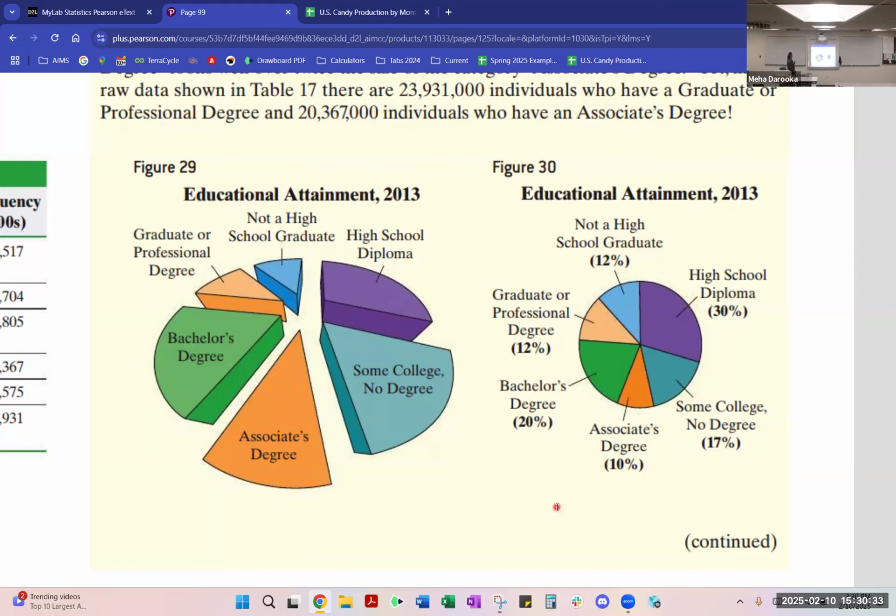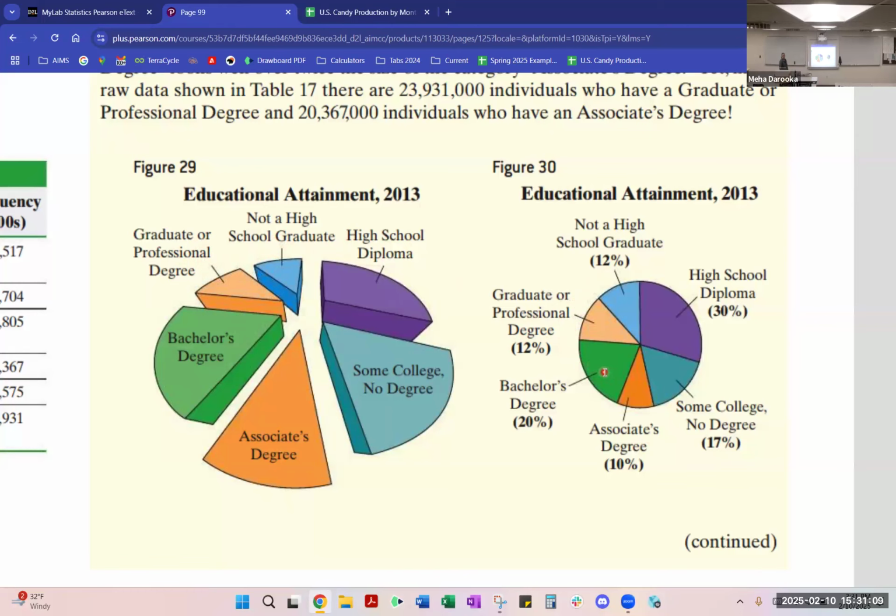Now looking at not a high school graduate in the 3D graph, which is this little wedge over here, and then a person who graduated or got a professional degree, do those two slices look the same in area? No, doesn't the orange one look a little bit bigger than the blue one? But then look at the percentage here. They're both 12%. But those wedges do not look the same in the 3D graph. So that's an issue.